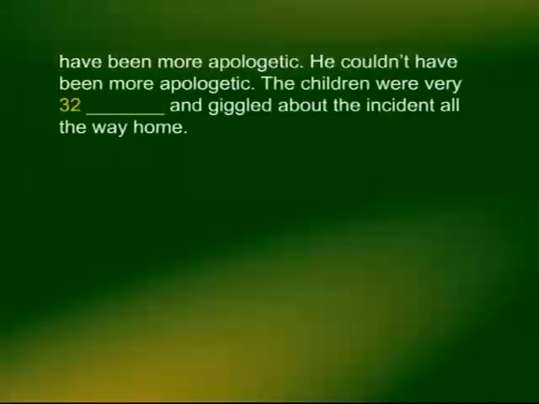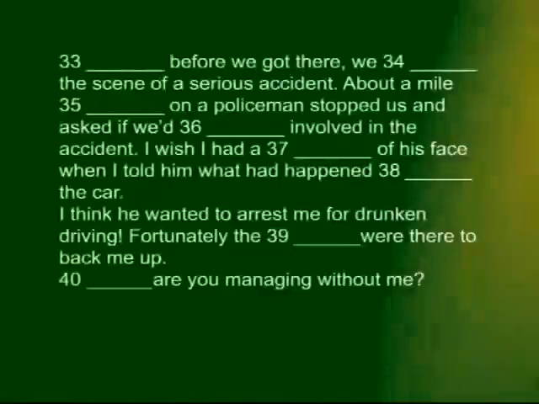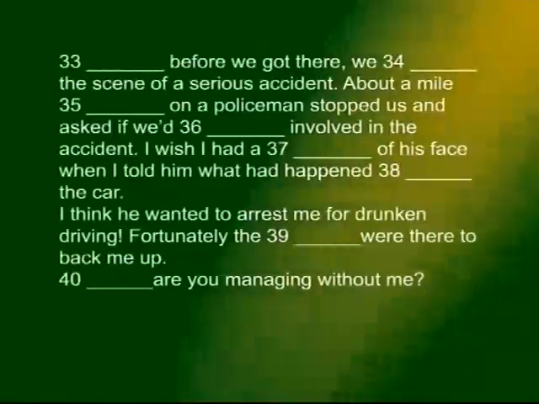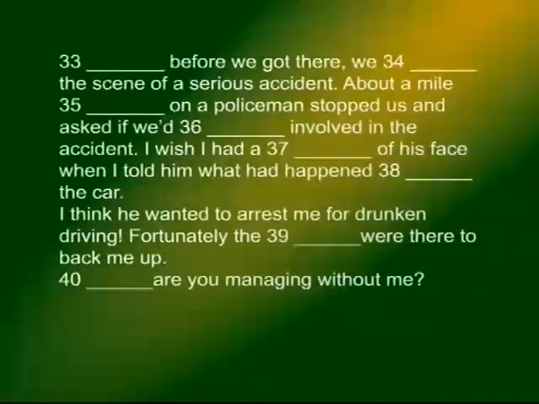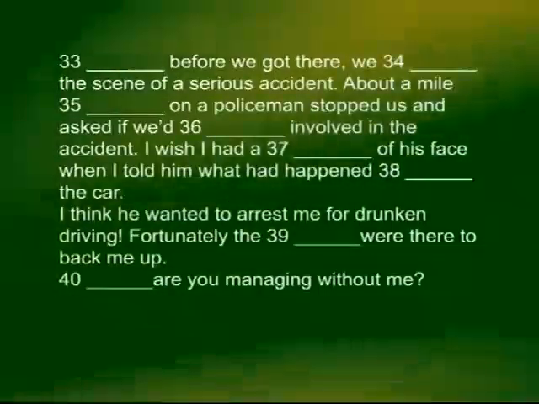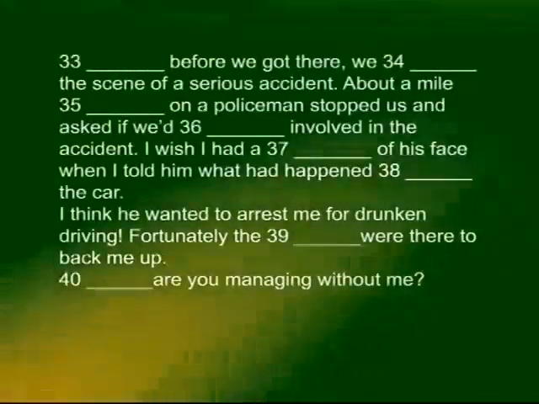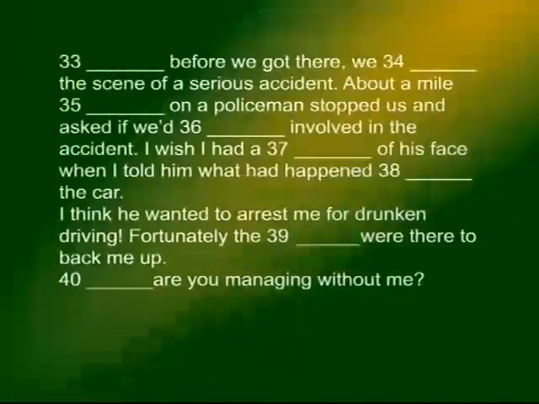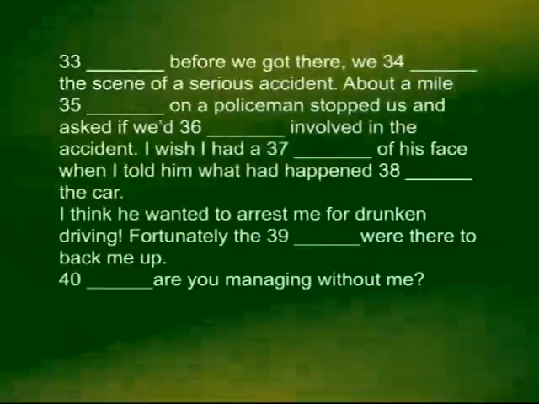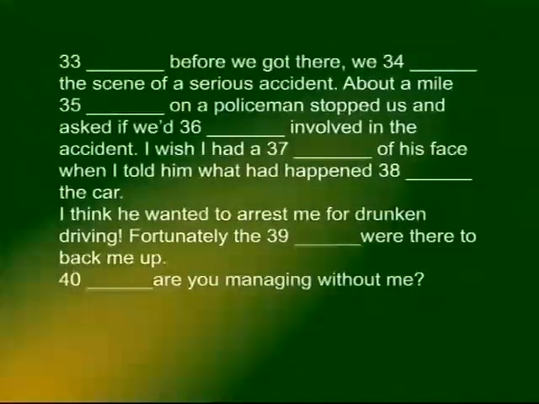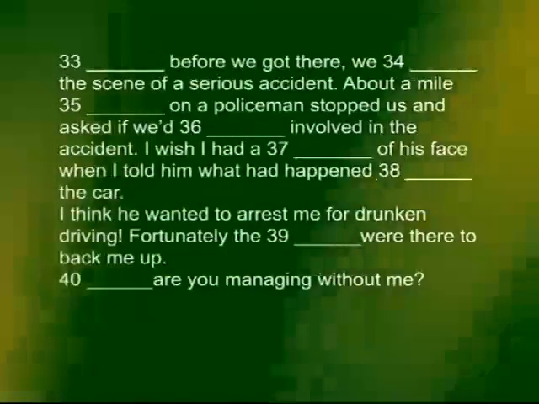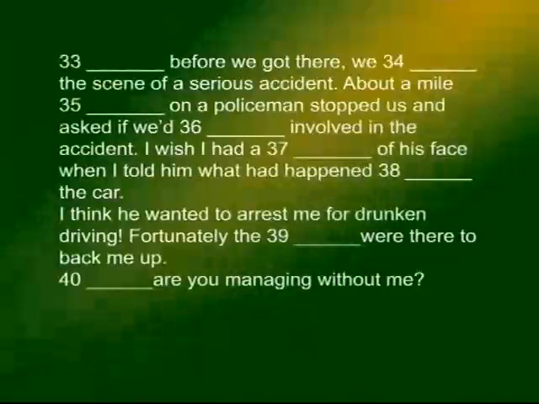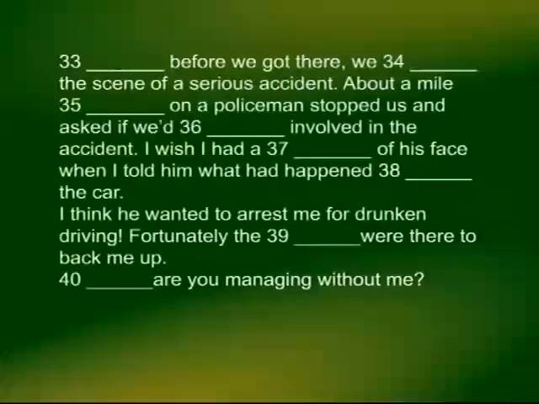Now, number 33 also is at the beginning of the sentence. So, before we got there, just before we got there, that is home, or you can have the word but. Either just or but, both would be correct. "Before we got there, meaning home, the scene of a serious accident." So it has to be past.